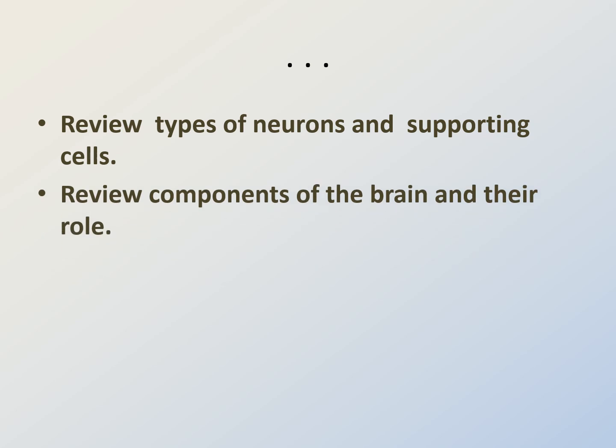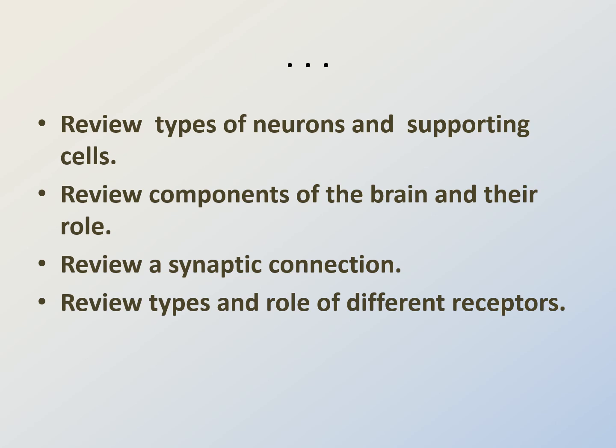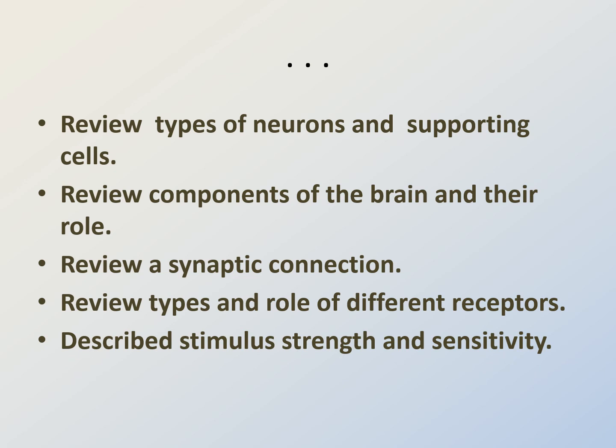Then we reviewed the different structures of the brain and mentioned what each component does. We examine in a more detailed manner what is involved in a synaptic transmission. Then we describe the types of receptors, and finally we explain why we can differentiate the strengths of a stimulus as well as the sensitivity of a given area.